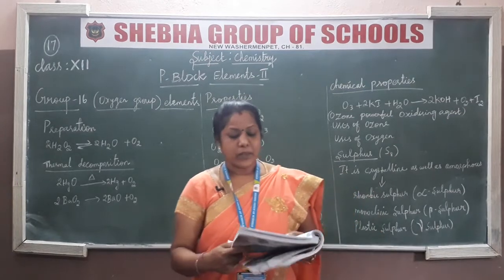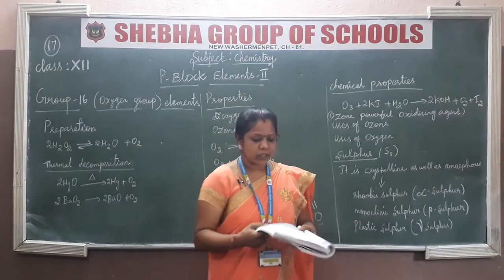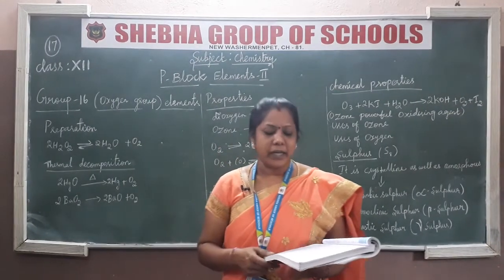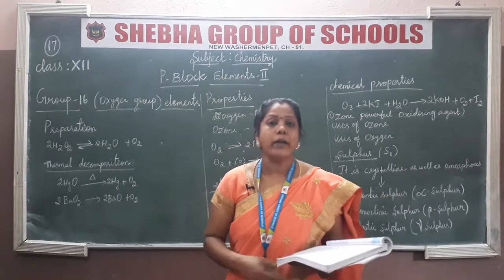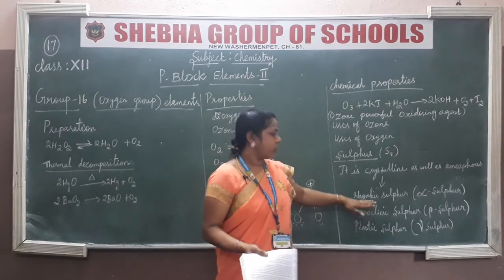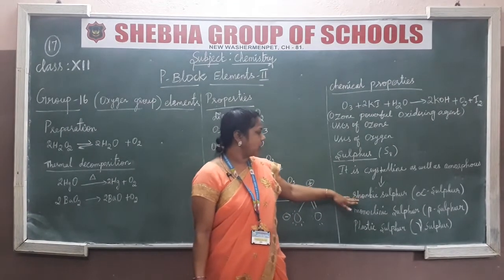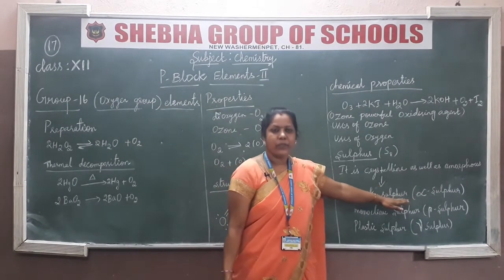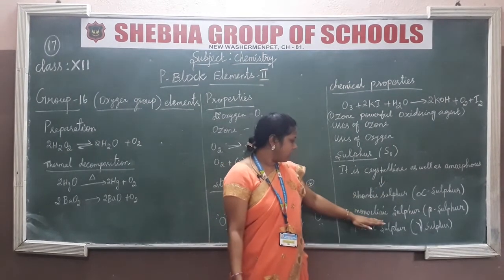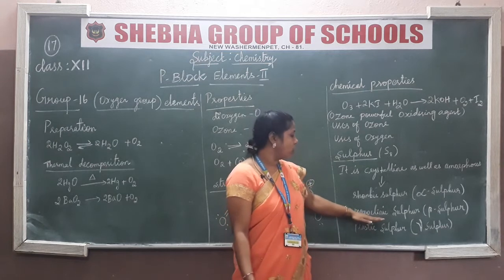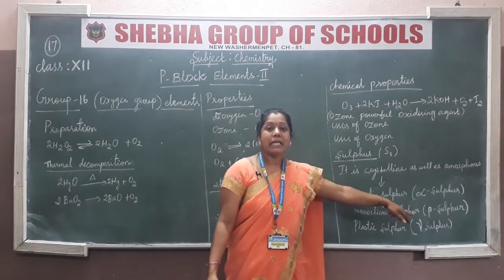If alpha sulphur is heated up to 96 degrees Celsius, it converts into monoclinic sulphur. I will explain again: rhombic sulphur, that is alpha sulphur, when the temperature is raised to 96 degrees, converts to monoclinic sulphur, that is beta sulphur.